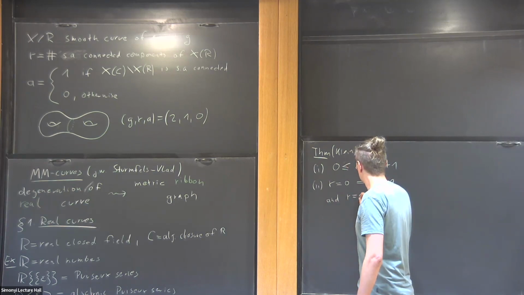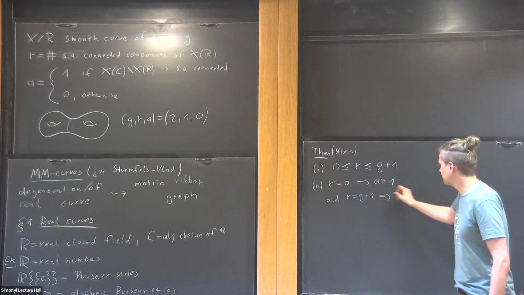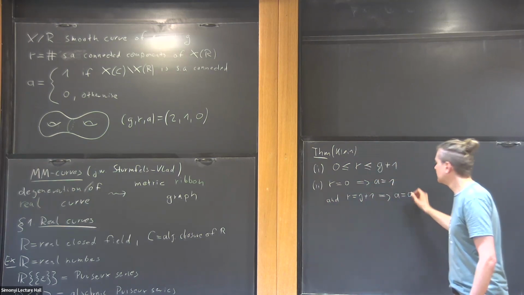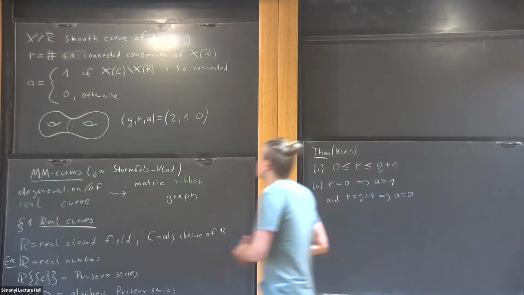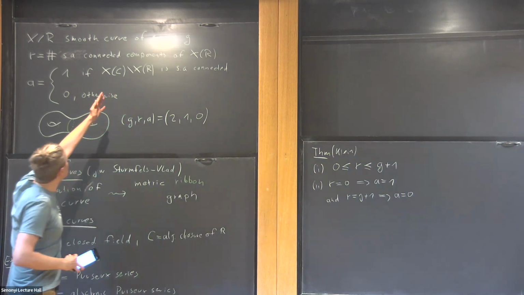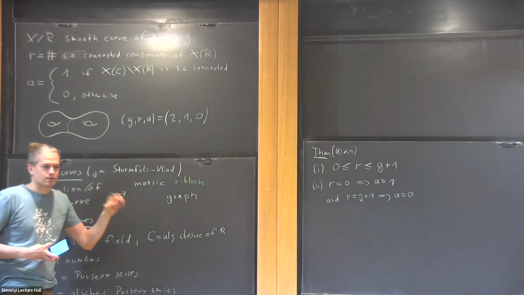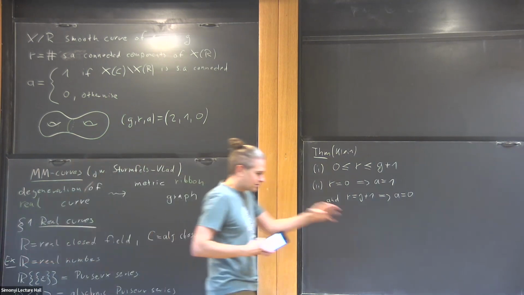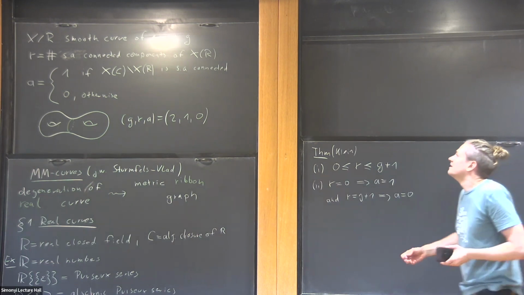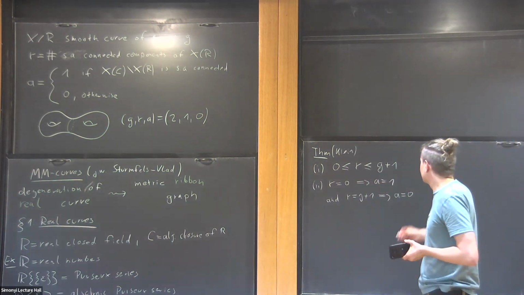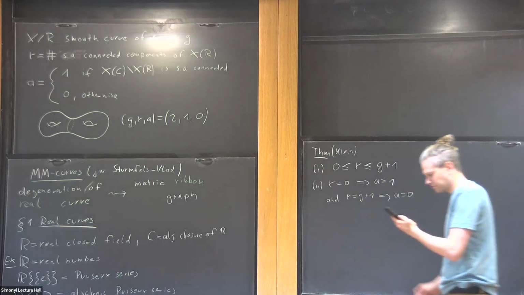What happens if you're in this maximal case? Then the complement of the real part cannot be connected, because one definition of the genus is the maximum number of circles that you can take out from the surface without disconnecting it. If the genus is G and you take out G+1 circles, then it must become disconnected.